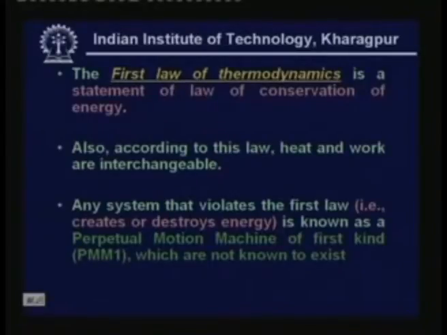And it has been observed that PMM1 does not exist. That means, even though people have made several attempts, nobody could create a perpetual motion machine of the first kind which can create or destroy energy. Since nobody could succeed, we assume that it cannot exist. That means the violation of the first law cannot exist, so the first law must be true. So this is the logic.